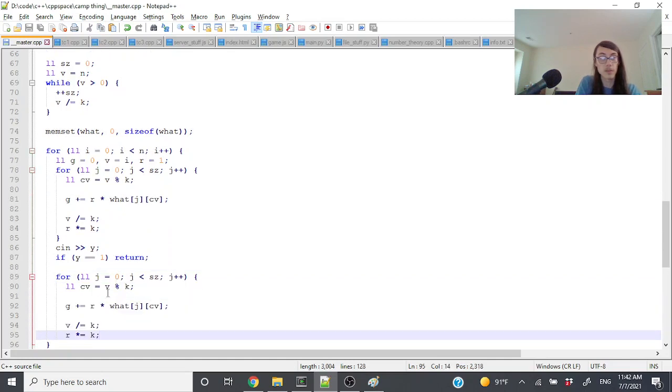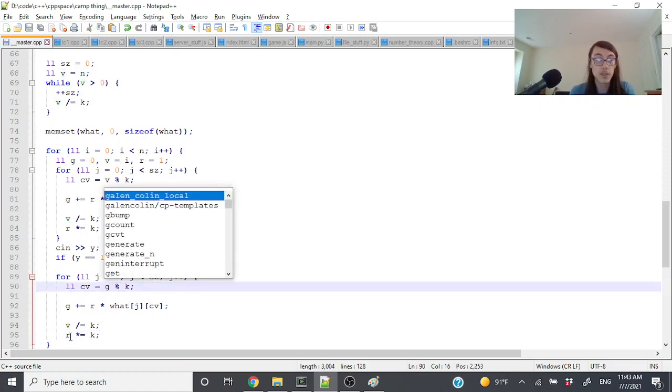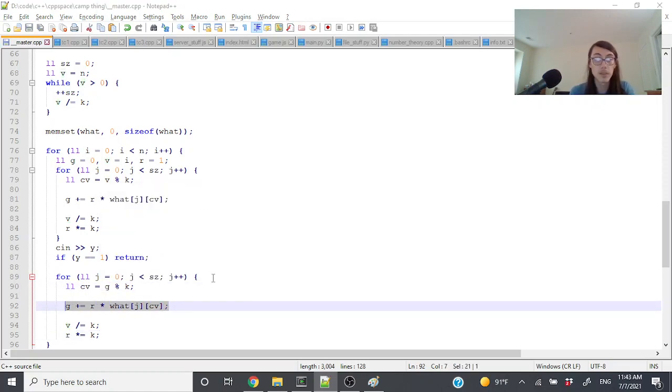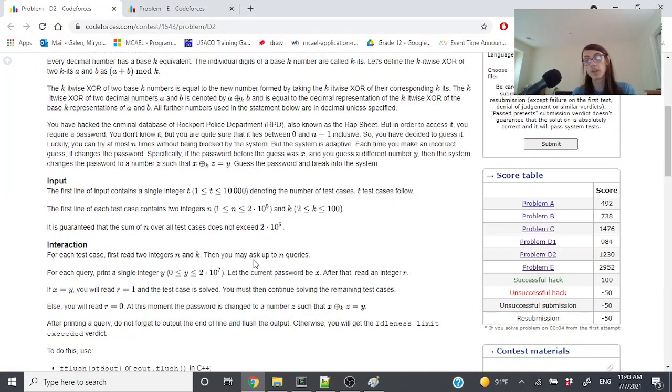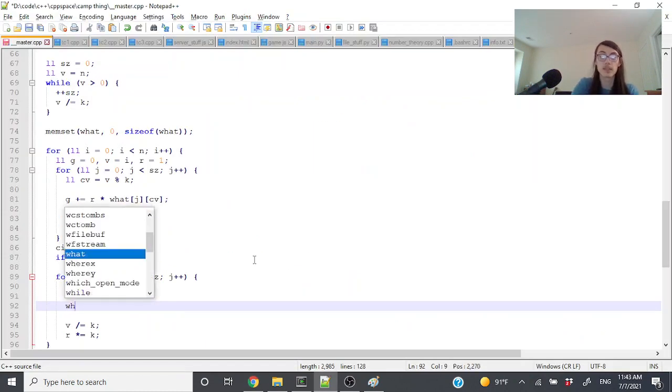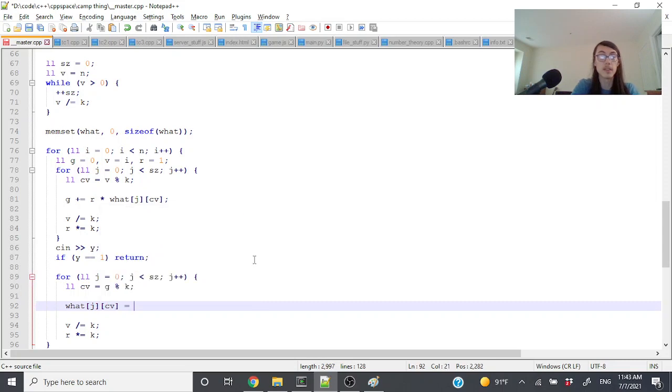So, now what? G mod K. Then the new what is again y minus x. So what JCV is equal to y, which is, that is this guess.